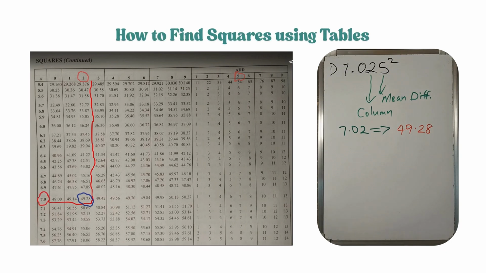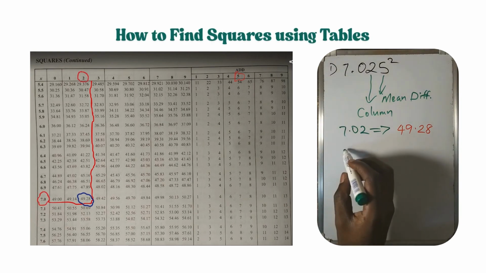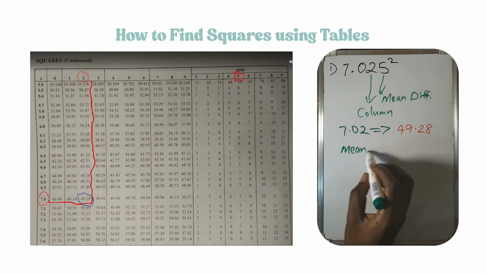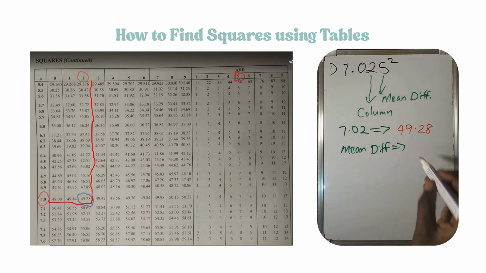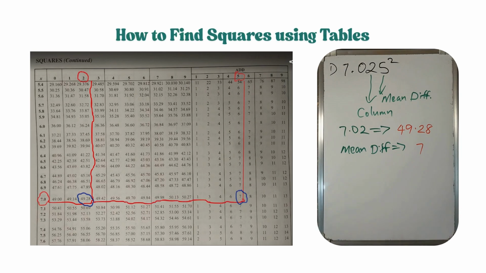Let's look under column 5 in the mean difference section. In the same row of 7.0, on column 5, we have 7. Our mean difference is 7.